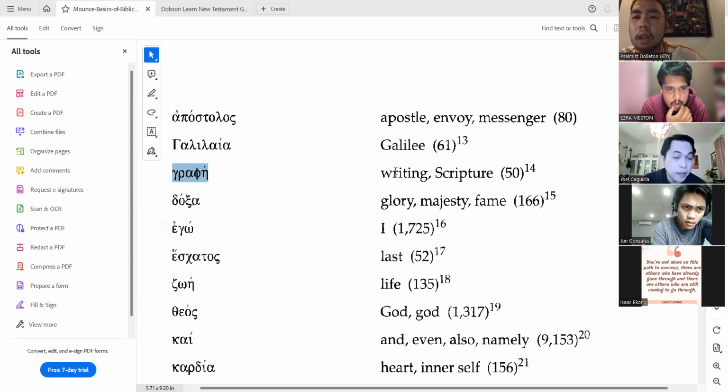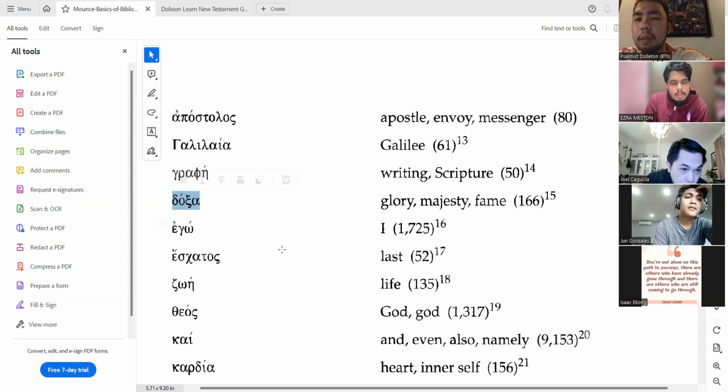Graphe. Grape. Okay, and then this one. Doxa. Doxa. Yeah.